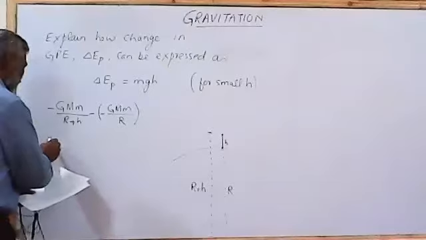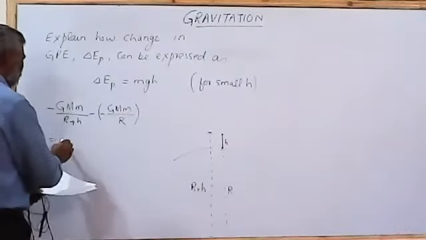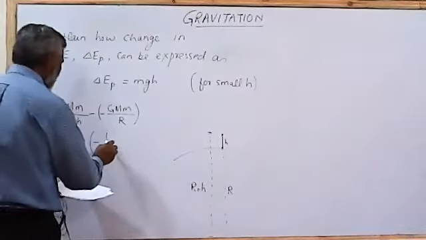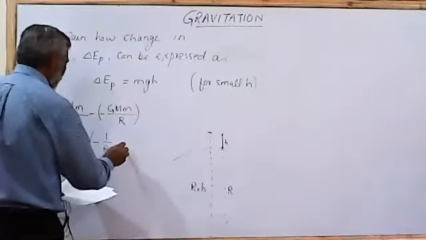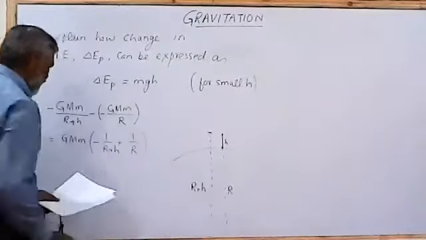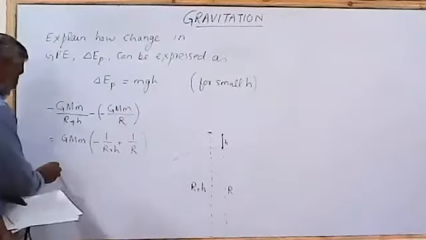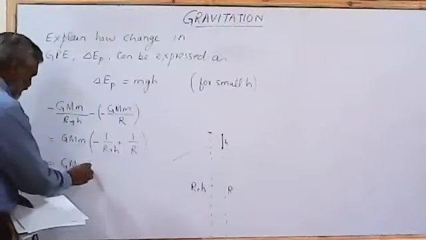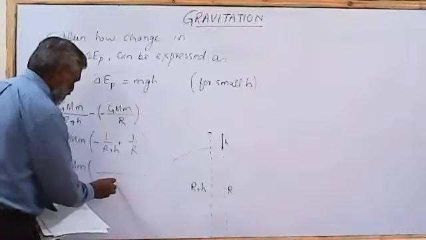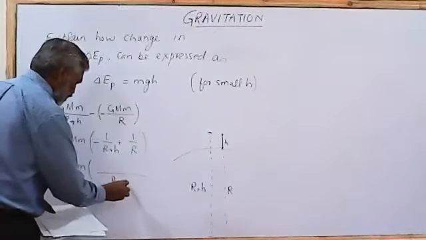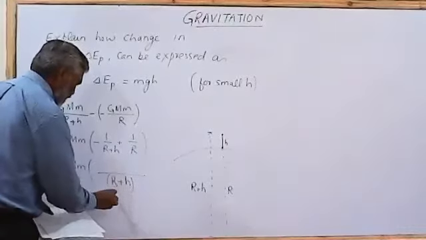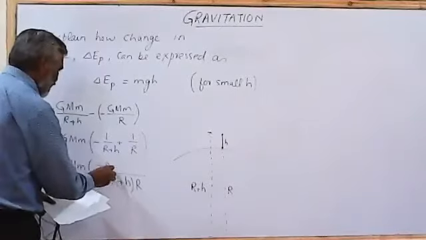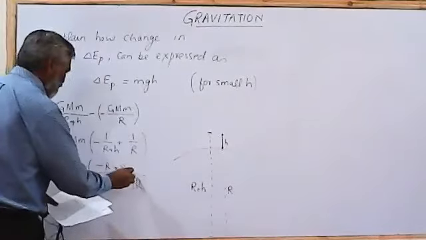On simplifying, it becomes GMm taken as common, minus 1 over R plus h and plus 1 over R. On further simplifying this expression, it becomes GMm as it is, and this you can take in the denominator, the product I mean, and here it is minus R plus h.